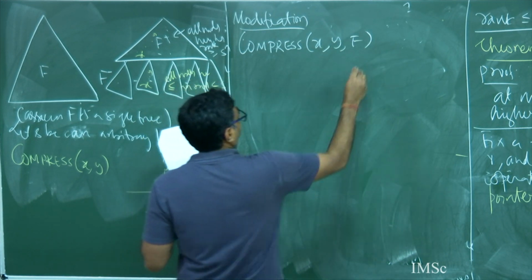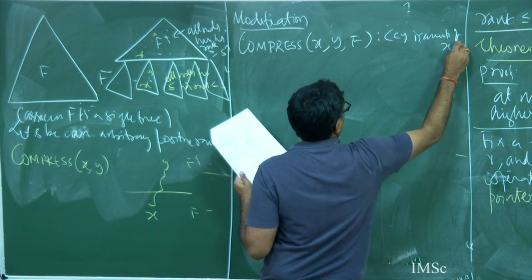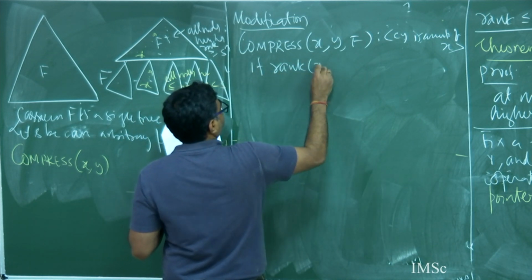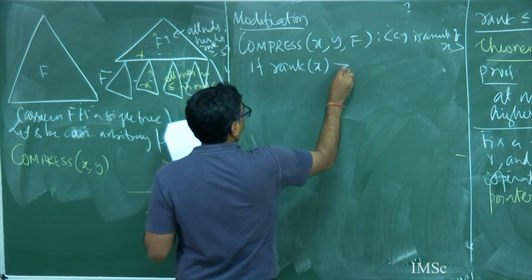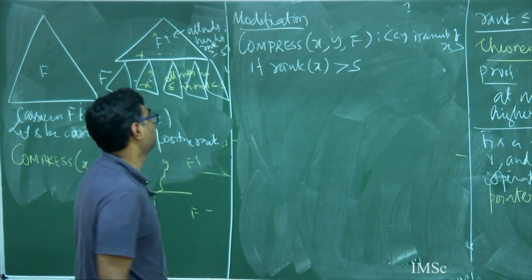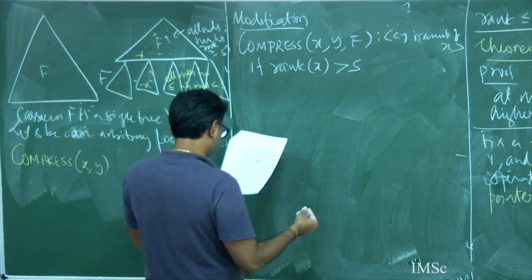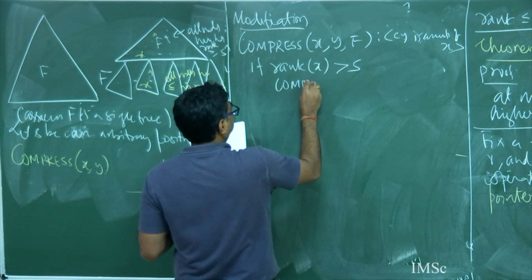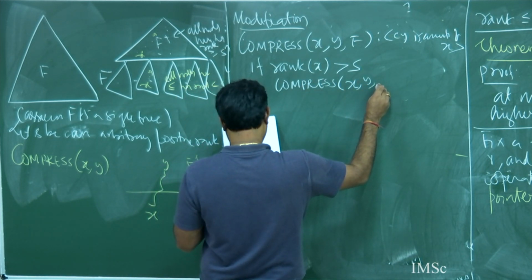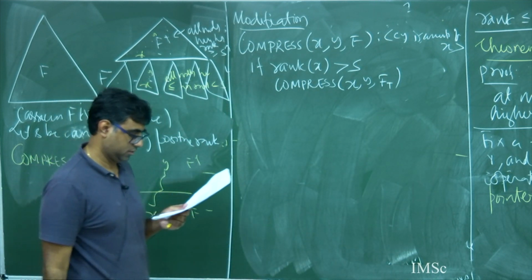X, Y, F, of course, Y is an ancestor of X. If rank of X is greater than S, so the bottom guy has rank greater than S, then you are very happy, you do a normal compress: X, Y, F plus, because I know this is in F plus.